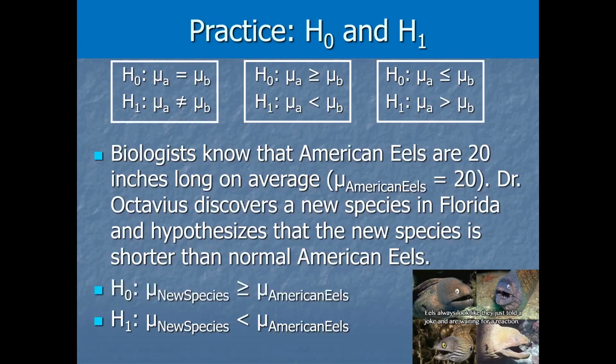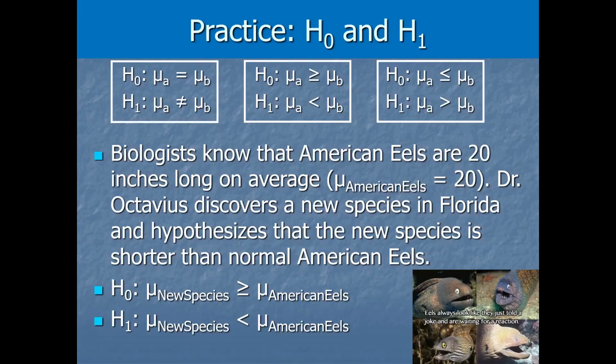But that means that the matching null hypothesis, the H0, the one that always has to have an equals sign somewhere in it, it's got to be that the population mean of the new species is greater than or equal to the population mean of American eels. So the null hypothesis is that the new species mu is same or bigger compared to the American mu.